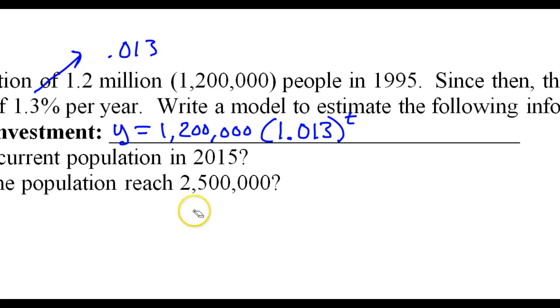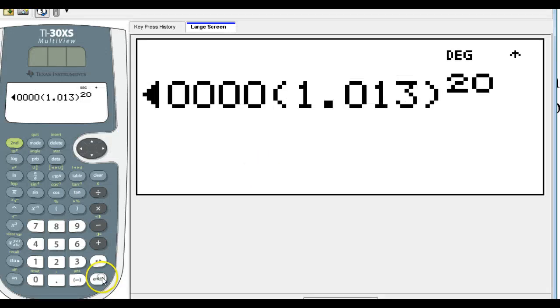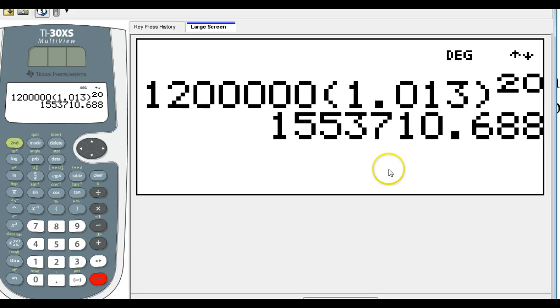Now let me just look back and make sure. Okay, so this would be our population in 2015. Let's see. Just putting those commas in the right place. So this is 1,553,711 people.